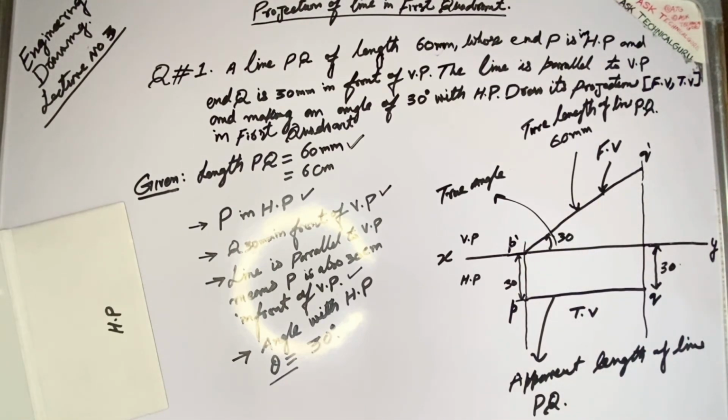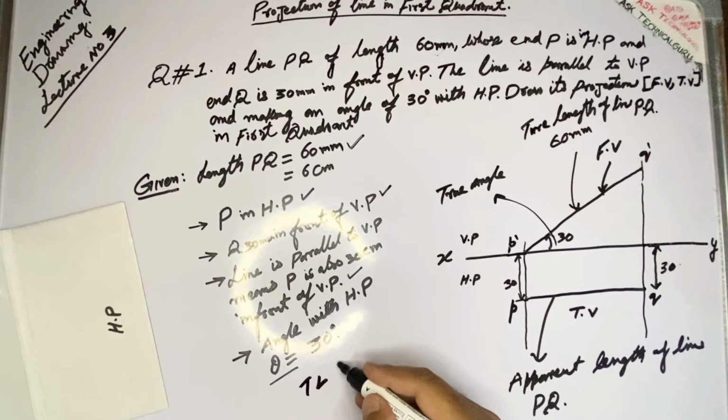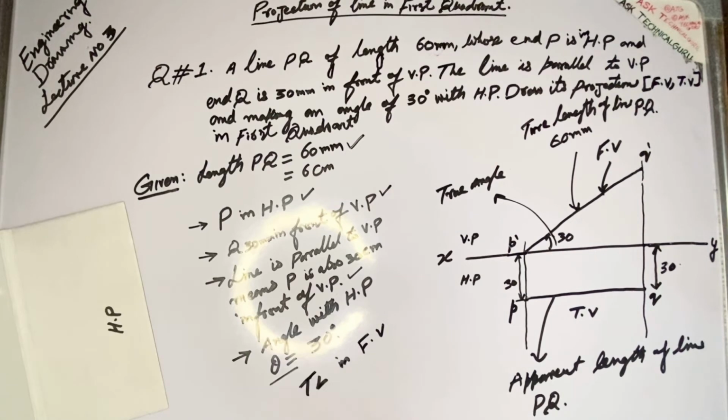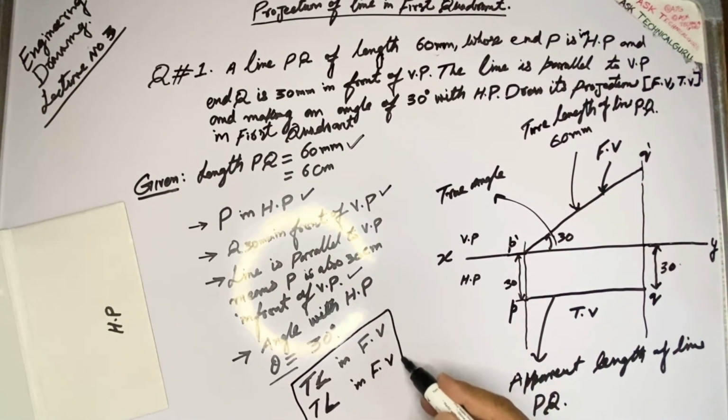So in this question we have understood that the angle, true angle, is visible to us in front view when the line is inclined to horizontal plane, and true length is visible to us in front view itself, okay, in case of the line when it is inclined to horizontal plane.